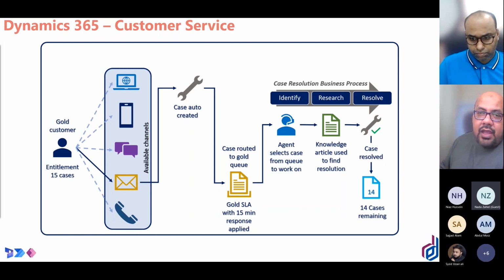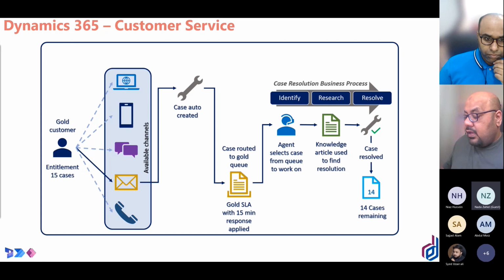So in the traditional, or standard, way, what happens? A case is created. It's assigned to the agent. The agent works on it and identifies the information from the knowledge base. Either he knows about it, or if he doesn't know, he looks into correlated information in the form of historical case studies and knowledge-based articles.